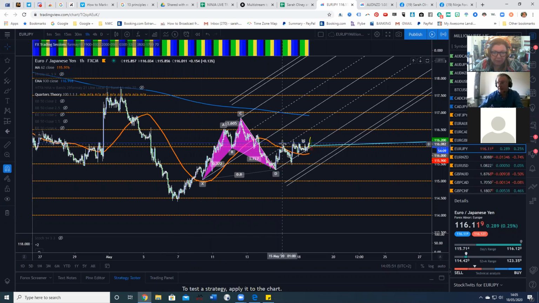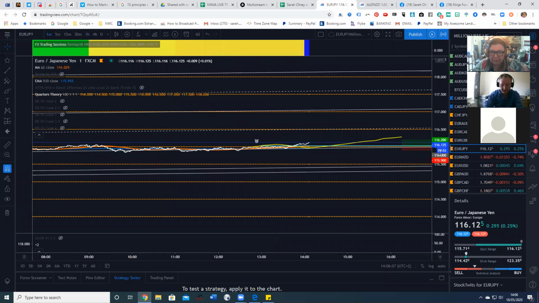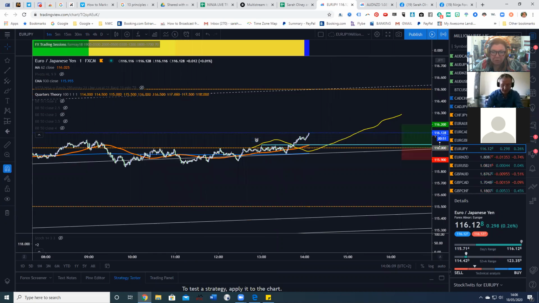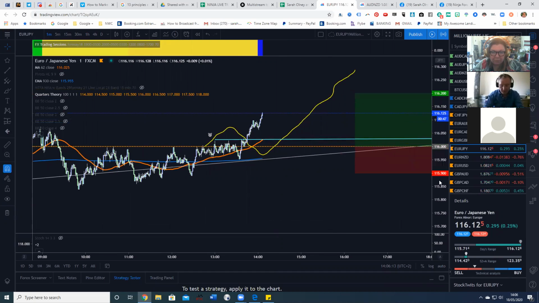And we can see it's been working its way up, and quarter theory is just simply a line of support and resistance drawn at 50 pip intervals, and it's crossing above that. Now, I do the 1 hour time frame analysis, but I enter on the 1 minute to get the precise entry. So why did I have this one as a trade idea?